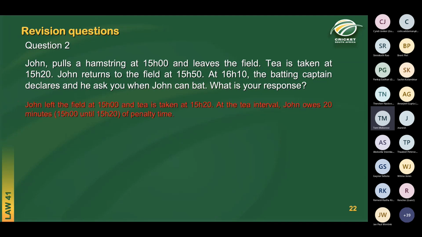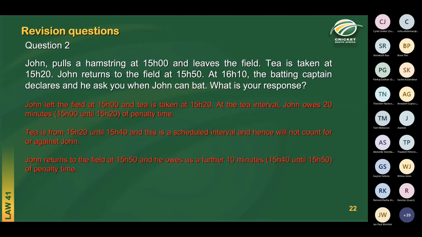Let's have a look at the full answer. John left the field at 1500 and tea is taken at 1520. At the tea interval, John owes us 20 minutes of penalty time. Tea is from 1520 until 1540, and this is a scheduled interval, hence it will not count for or against John.